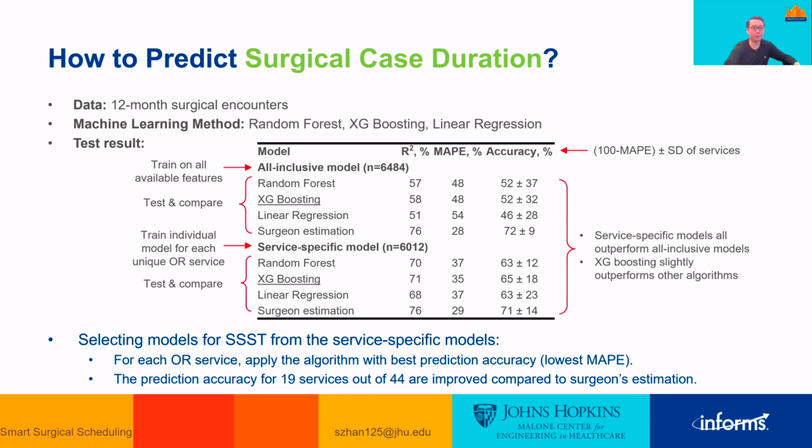Then we select the deployable model for SSST from the service-specific models. For each OR service, we select the algorithm that has the best prediction accuracy. In this manner, we are able to improve prediction accuracy for 19 services out of 44 compared to surgeon's estimation.